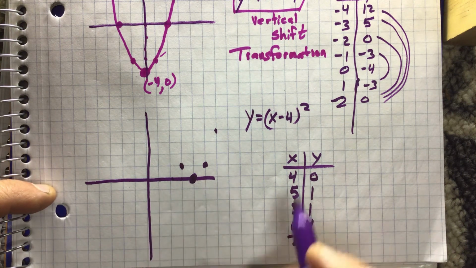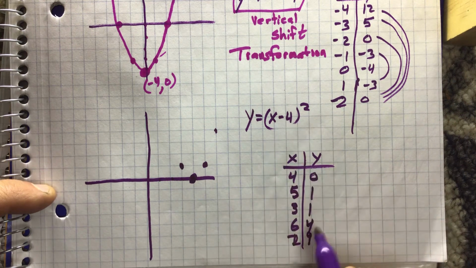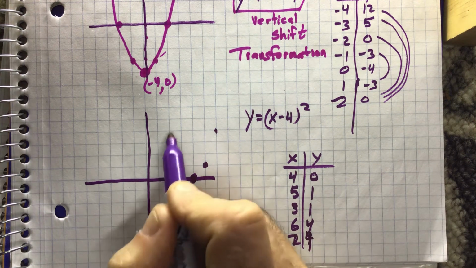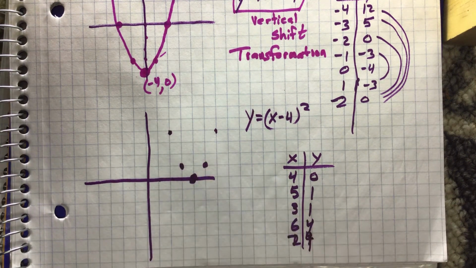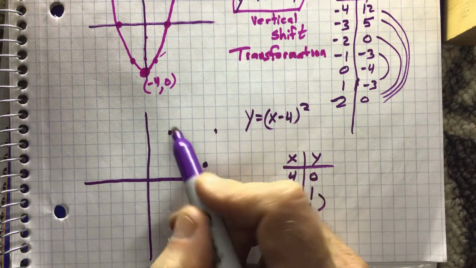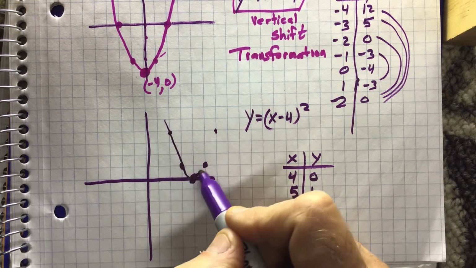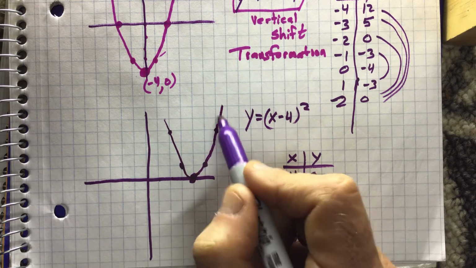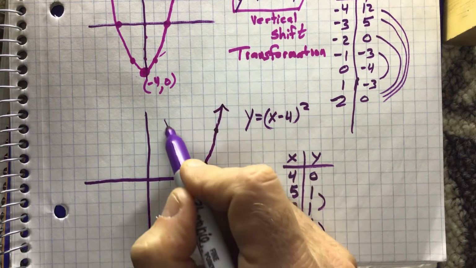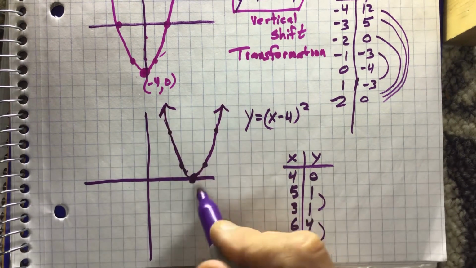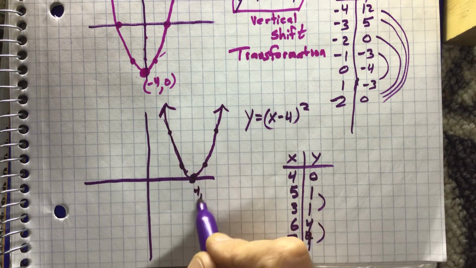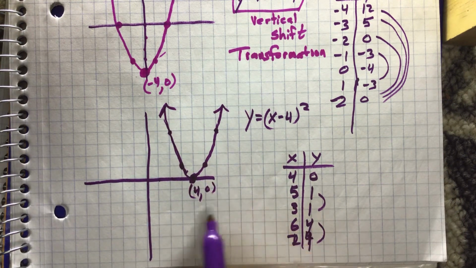If I plug in 2, 2 minus 4 is negative 2 squared is 4. So I have 2, 4 here. That's the same solutions. So now I have the same shape that I had before. This is a parabola. This is my vertex at 4, 0. So it's the same shape, only now it's shifted to the right.